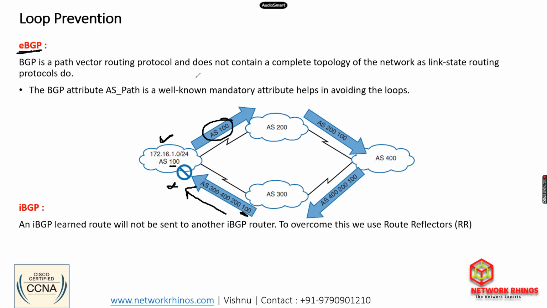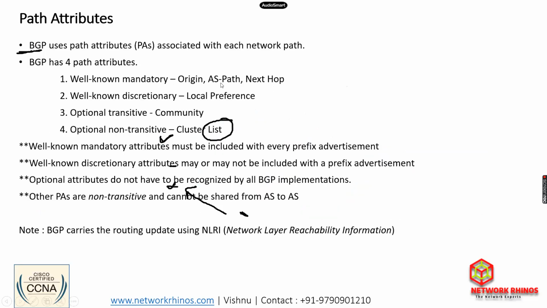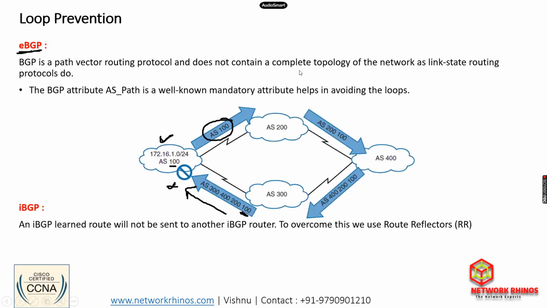As I told you, AS path is mandatory, which means it will include the whole path while traveling. Here, I am sharing a prefix to my neighbor with AS number 100, which is my AS number. When the same prefix gets shared by AS 200, it gets added. The AS path will be created. Again, 400 gets added. Again, 300 gets added.